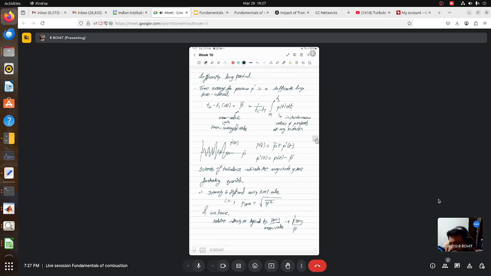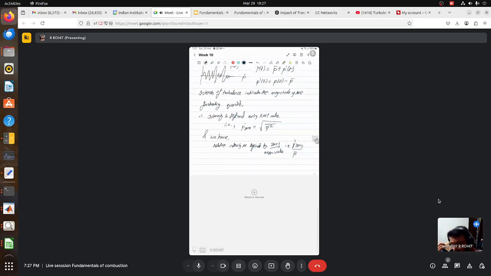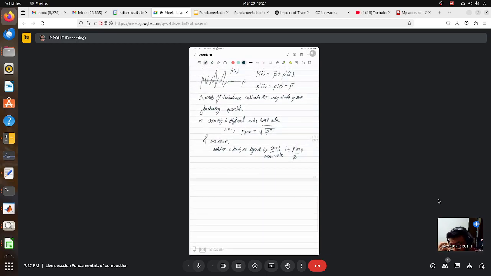So these kinds of random fluctuations are caused by different ways, different sizes and different shapes of vortices that are formed. These influence the flow, and a vortex is called an eddy.